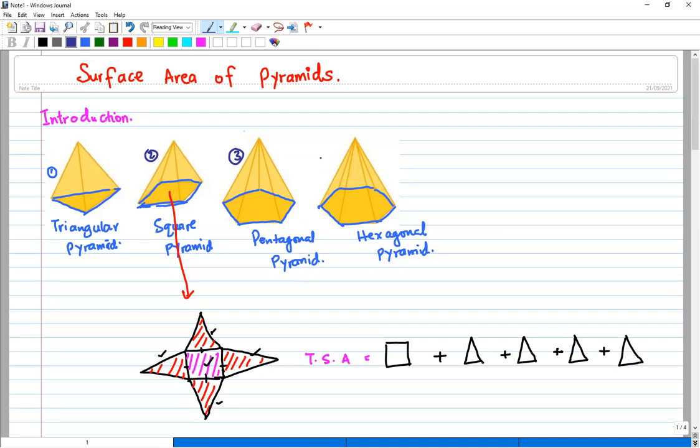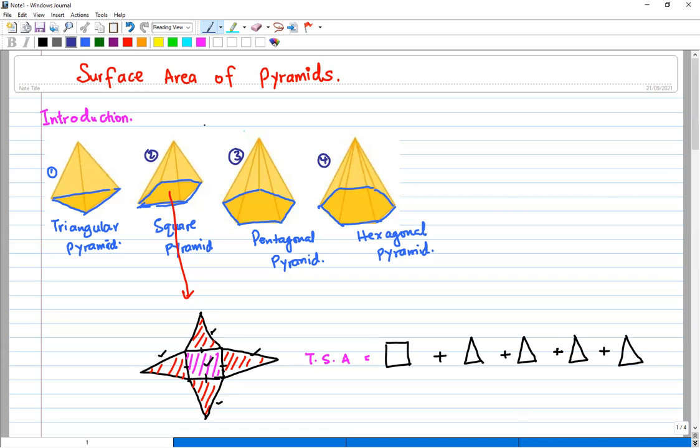Like this, it is a hexagonal pyramid. Find the area of the hexagon and the area of all other triangles. You add them together and you get the total surface area. That is all.